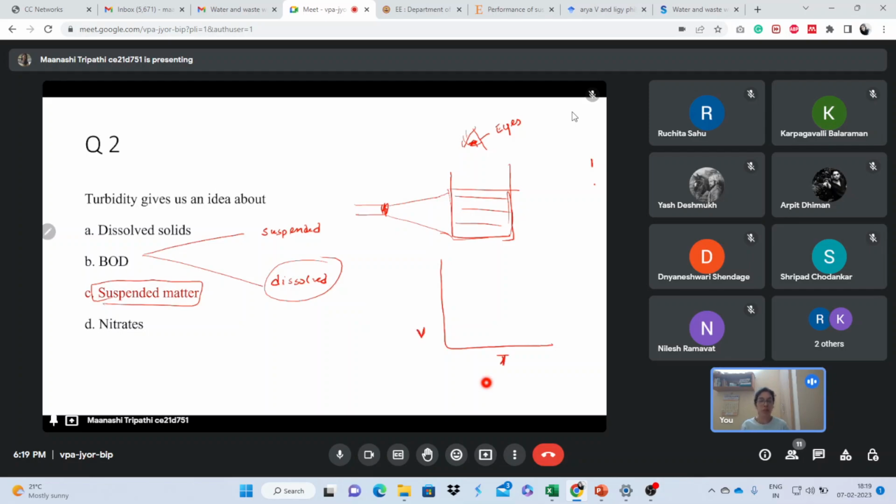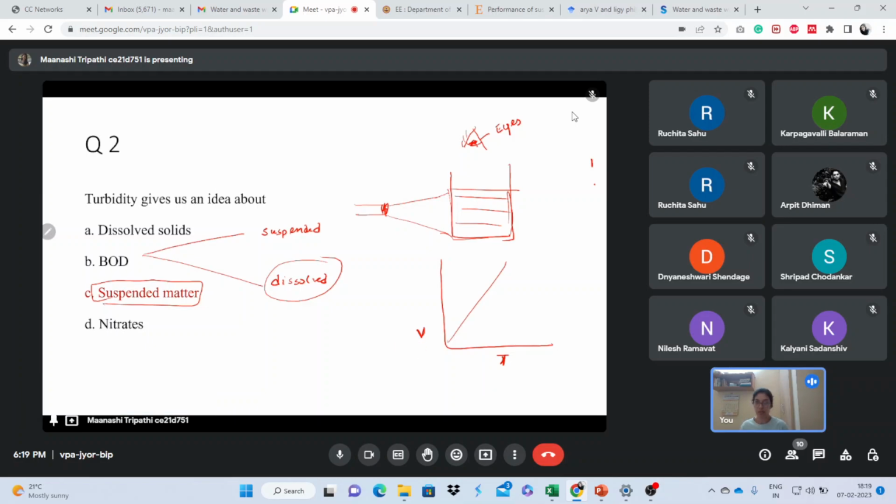You will check the visibility and you will know what the turbidity is at that time. So this is how turbidity is checked. Turbidity is always checked at 90 degrees to the path of light. That is very important for you to understand.